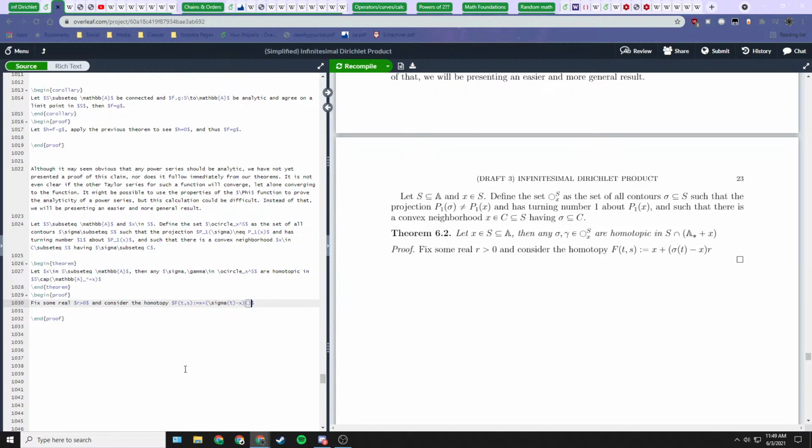Let me think. So we want to scale this down at the point, so we're going to do a line. So at the point s is 0, this will be 1.